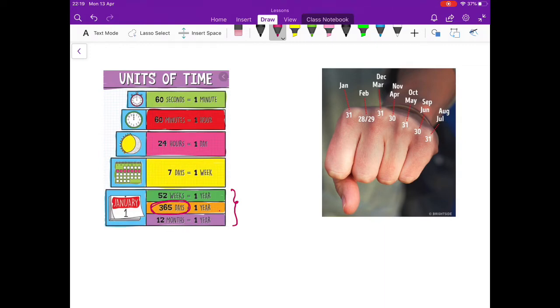That is in the case of a leap year when February has 29 days. But as far as our calculations go, we use 1 year as 365 days. You also need to, for your calculations, know that 1 month will be equal to 4 weeks. We use that conversion for calculations.